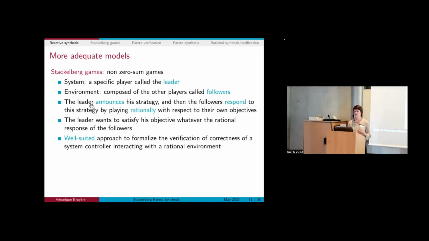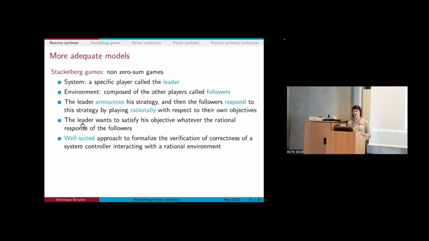And the idea is the following. The leader will announce his strategy, so how it will be controlled. And knowing that, the followers, the environment, will respond to this strategy by playing rationally, not by following every possible play, but by taking into account their own objective. And I will explain later how it will be played.